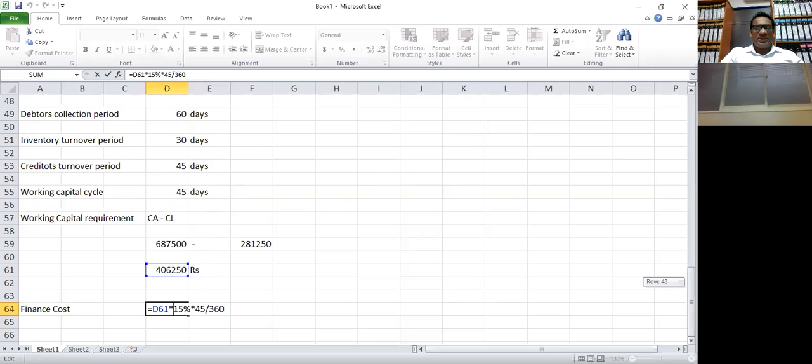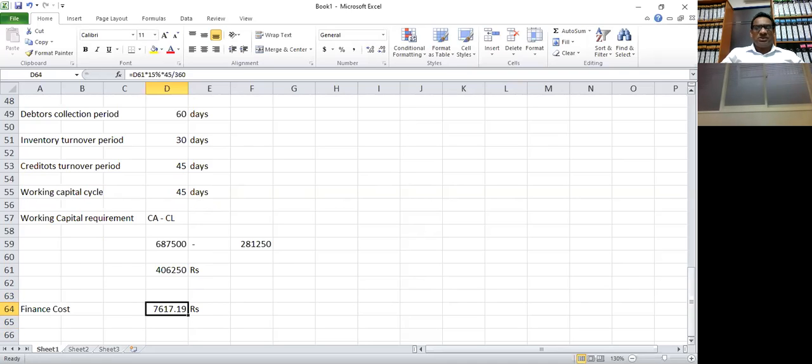So see what I have done here. I have taken the working capital requirement, multiplied by the interest rate. So if I leave at that point, I am calculating the finance cost for 1 year. My working capital cycle is only 45 days. So I am taking only for 45 days this cost. So when I take this cost only for 45 days, it will be 7,617.19.